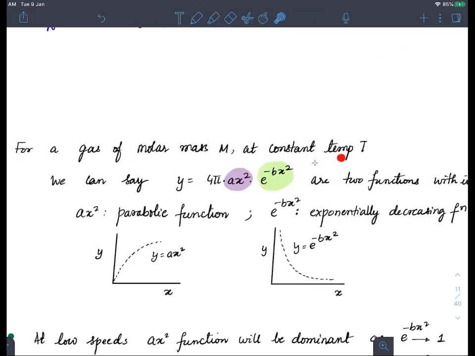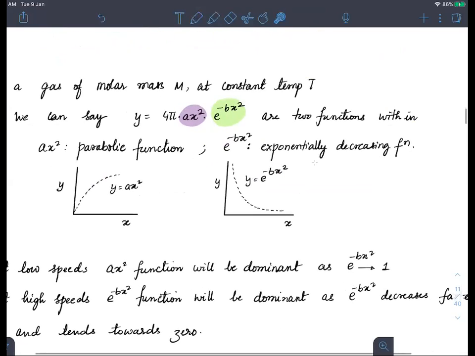If you see, for molar mass M and constant temperature T, we can write this graph as 4 pi a x square into e raised to the power of minus b x square. This part is a parabolic part, this part is an exponentially decreasing part. The parabolic part will go like this and the exponentially decreasing function will go like this.